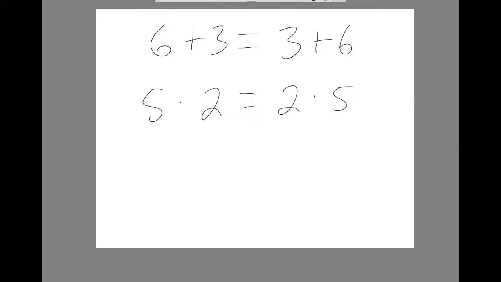The associative property tells us that we will regroup. The commutative property tells us to change the order.